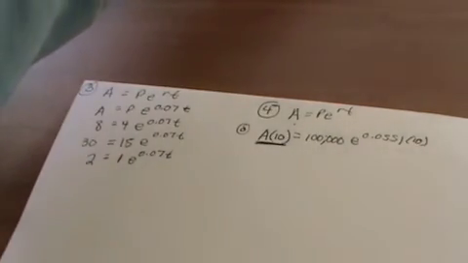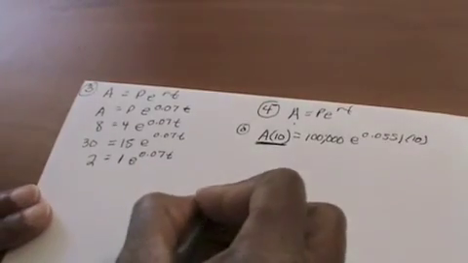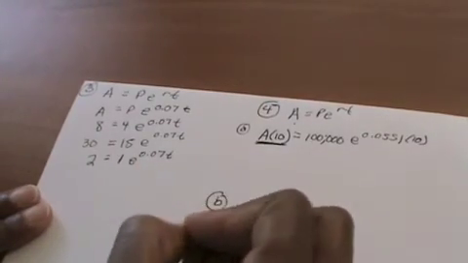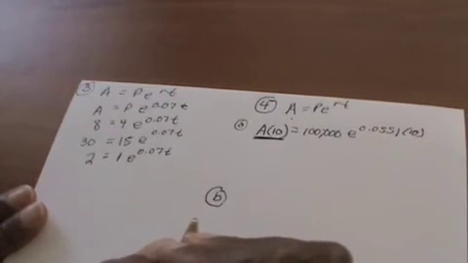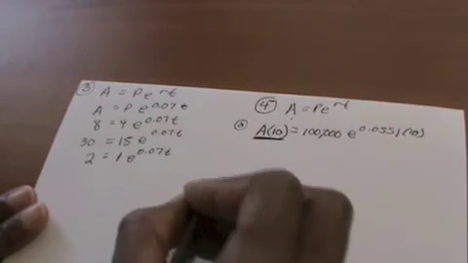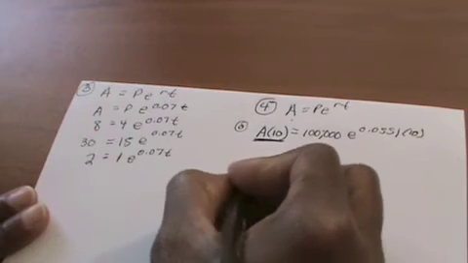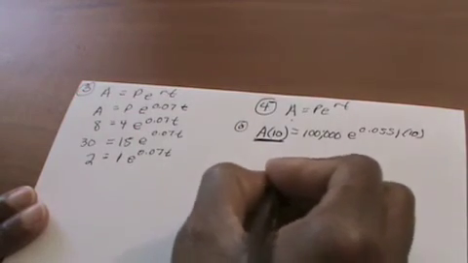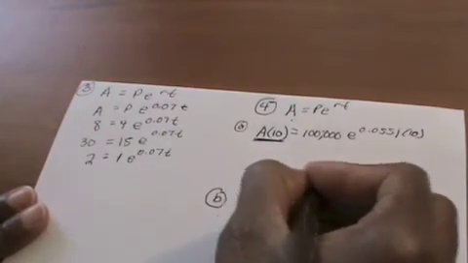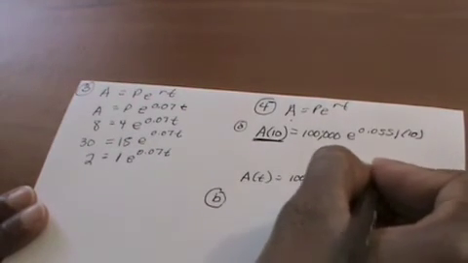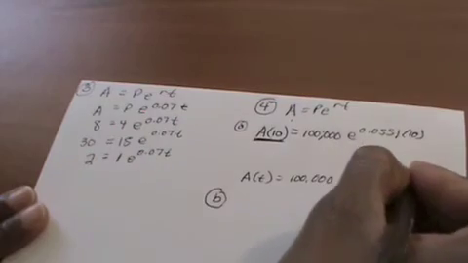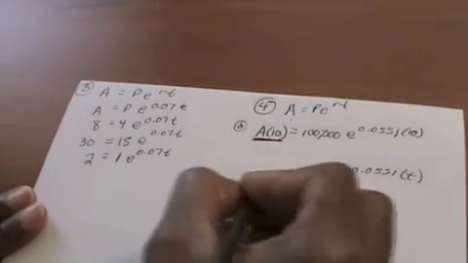And then I want to get to B right here. And B says, how long will it take for the account to be worth $15,000? So it would have been helpful if I just started off saying what the original formula was. So we had 10,000 as the initial investment, E to the 0.0551 times however much time elapsed, right?